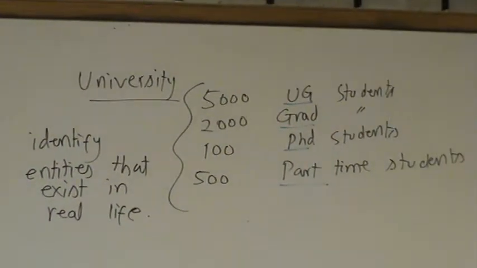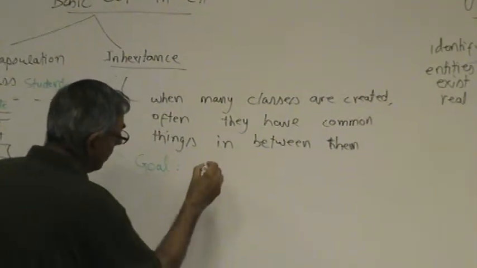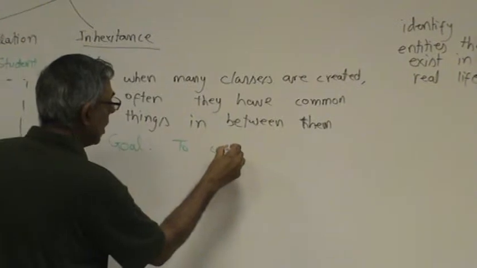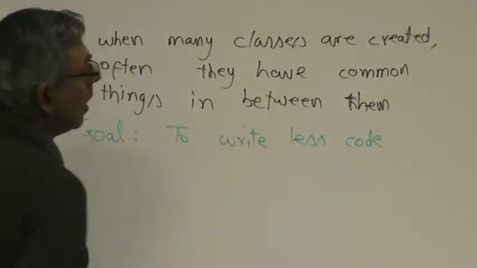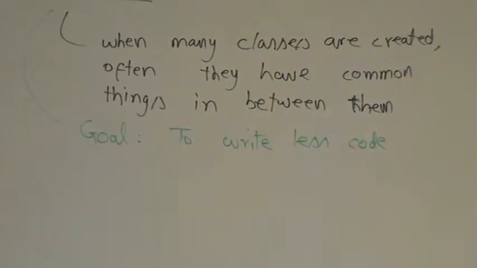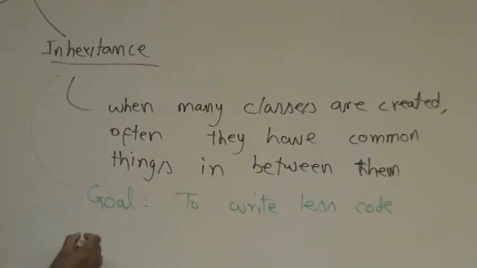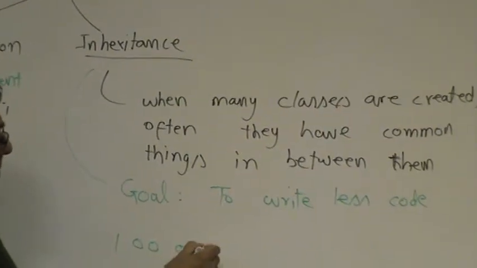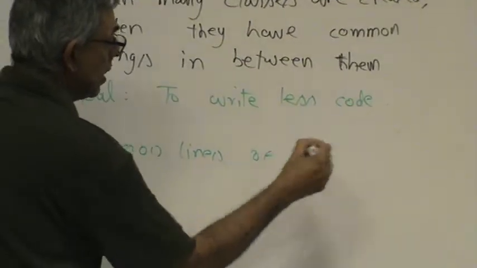So see, the goal of inheritance is very simply to write less code, okay? Because they've done studies, if you create a large application, if you wrote 100,000 lines of code in creating an application, right?